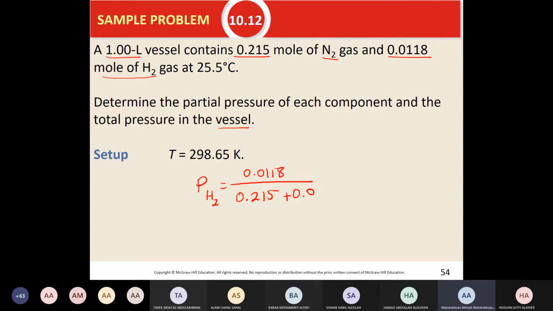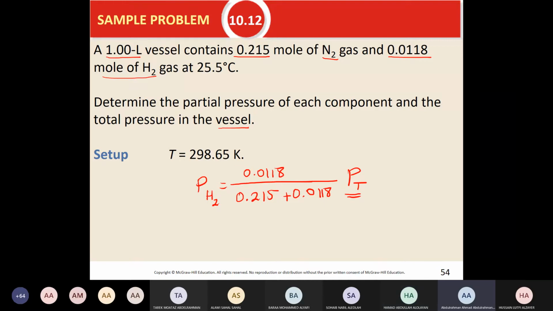Don't forget this now. All right, so times what? Times P total. Good. Now, of course, we cannot solve this problem until now because we don't know what P total is.